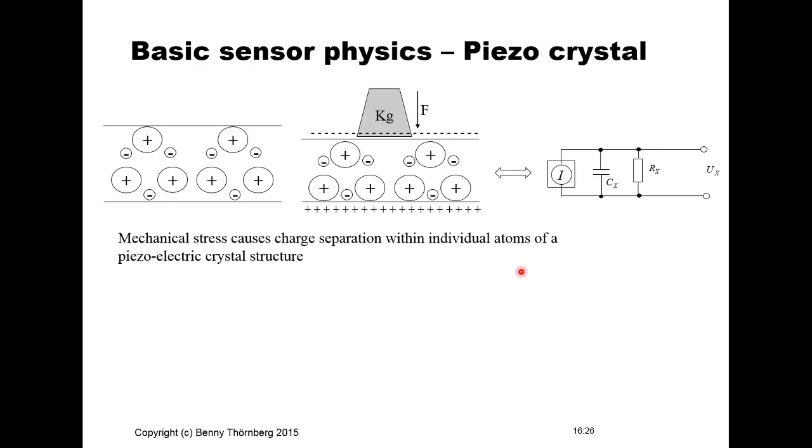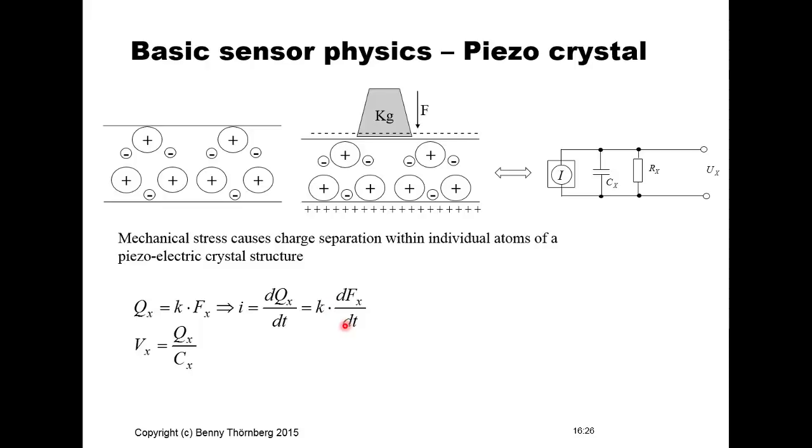And we can start to develop equations for this. We can say that the generated amount of charges is proportional to a sensor constant K multiplied with the force Fx. And we can say that the current is dq/dt. That is a known definition. And it is equal to K times dF/dt.